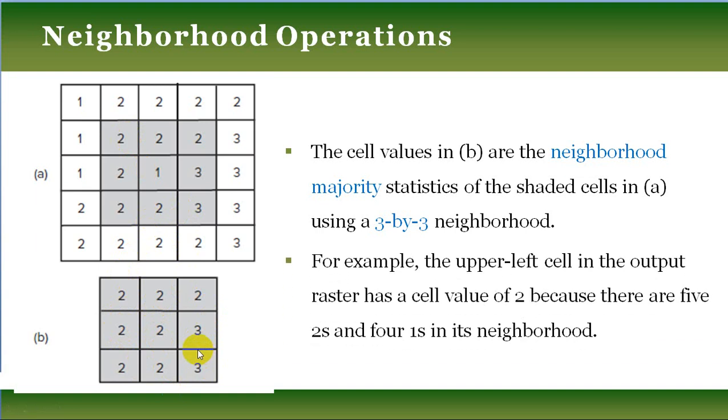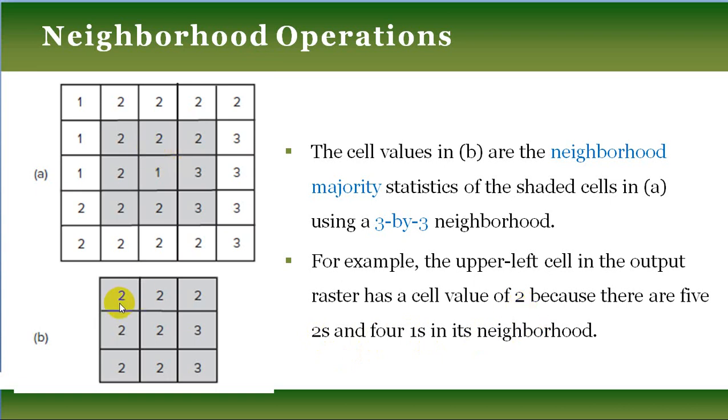For example, you can see in this output raster, this pixel value is 2 because there are 5 2s based on the focal cell. In the surrounding pixels, 5 cells have value 2, and 4 cells have value 1. So 5 2s and 4 1s. So majority, which one? 2.